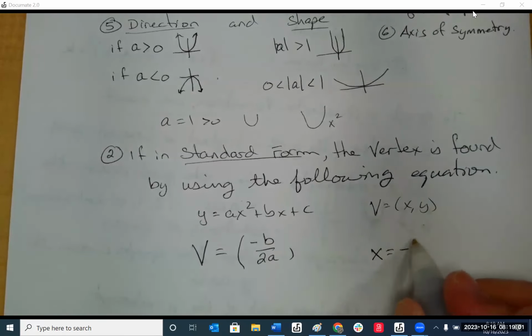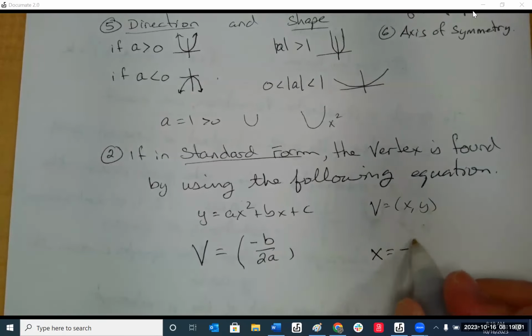Remember, the vertex form looks like this, where h and k are h and k. Remember, whenever you're inside the parentheses with the x's, it's always the opposite. If it's x minus h, then it's a positive h. If it's x plus h, it's a negative h. And then the k is what the k is. That's all it is. That's why I call it the vertex form, because it gives you the vertex.